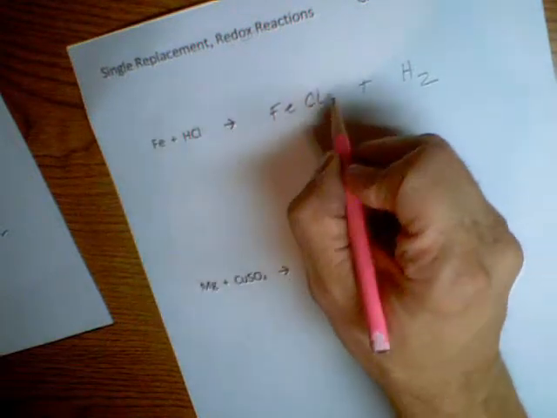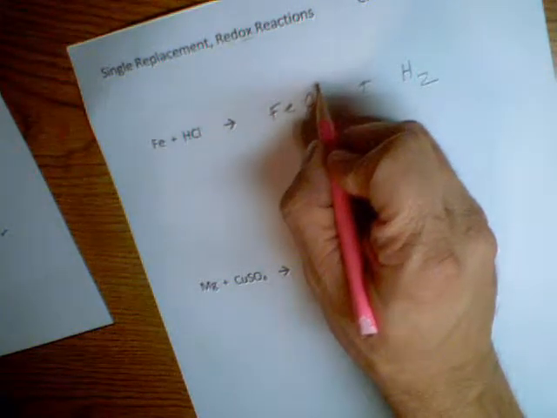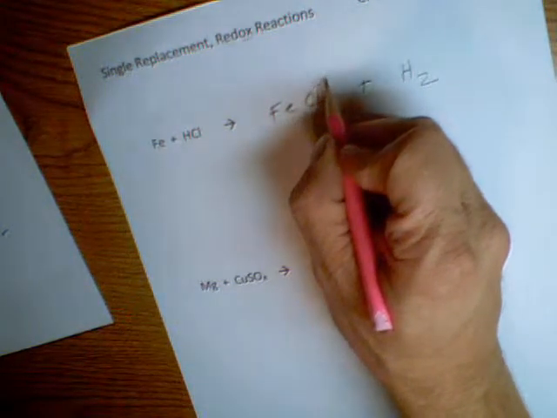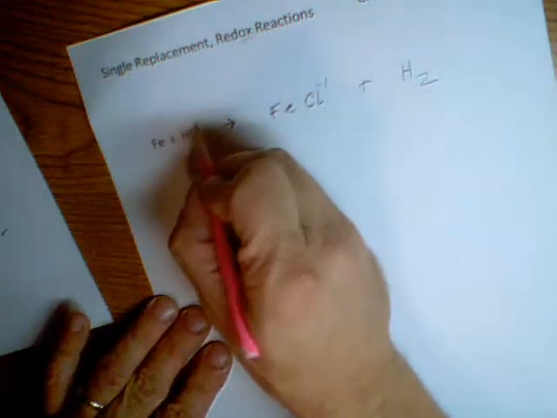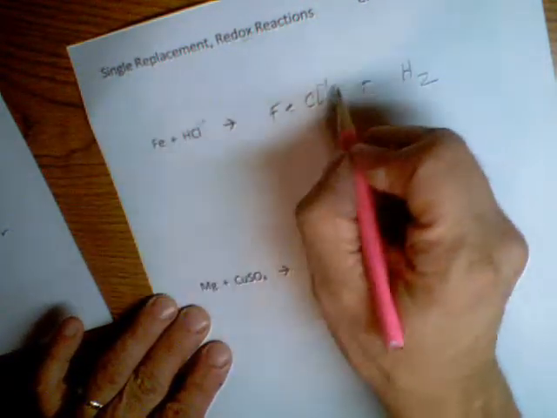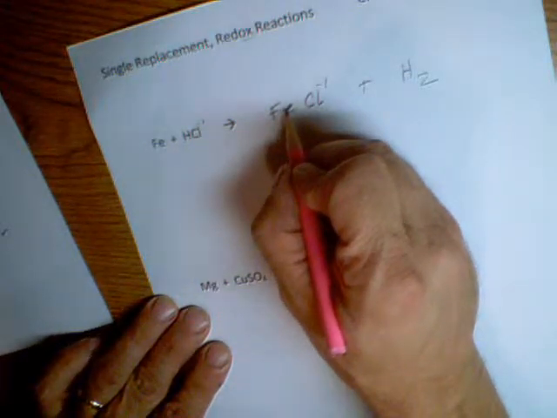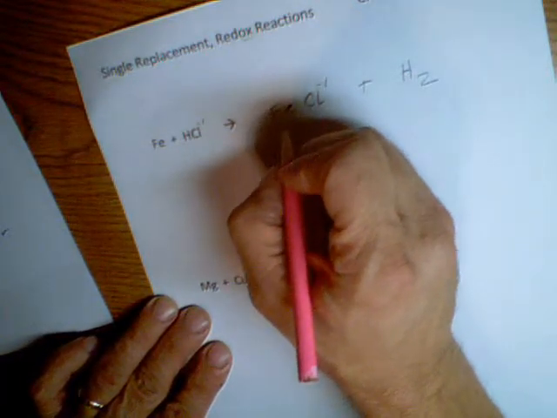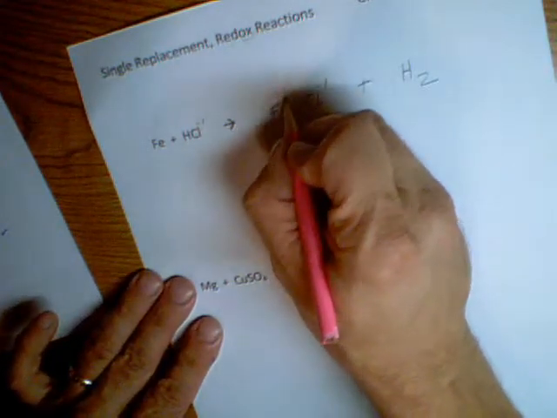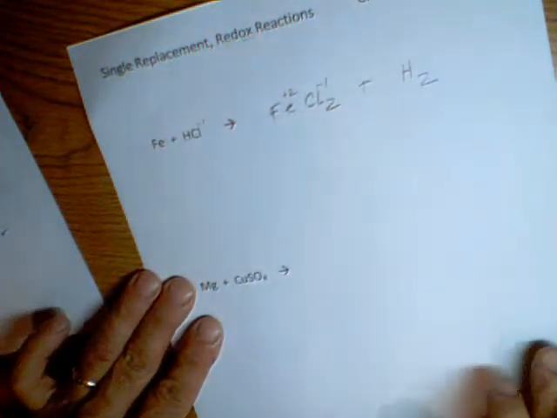If you look, the oxidation of chlorine is -1. So if the oxidation of chlorine is -1 and the oxidation number of iron is +2, then you're going to need 2 of these chlorines.